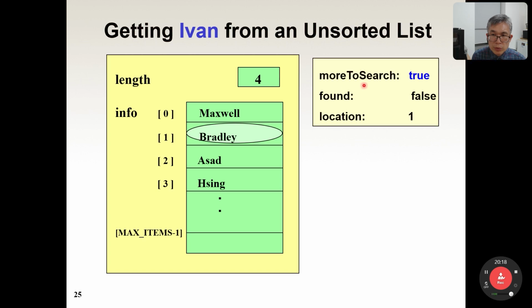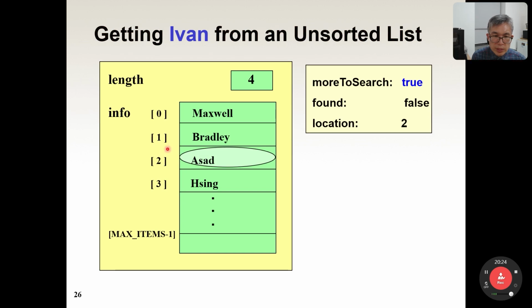More to search is true, found is still false. Location is the index, and then location 2 is also different. So we can search more, and found is still not found. So the location is currently 2.